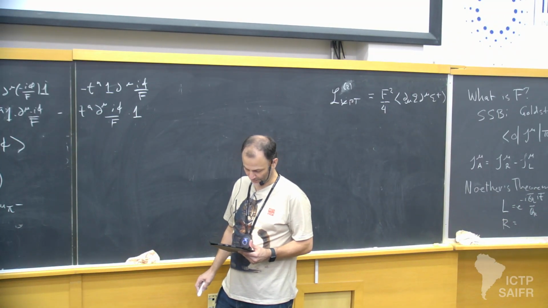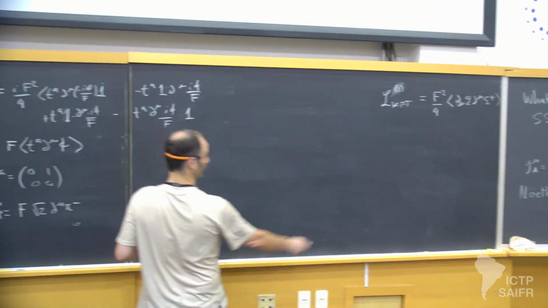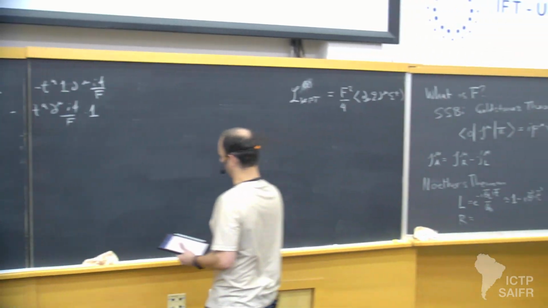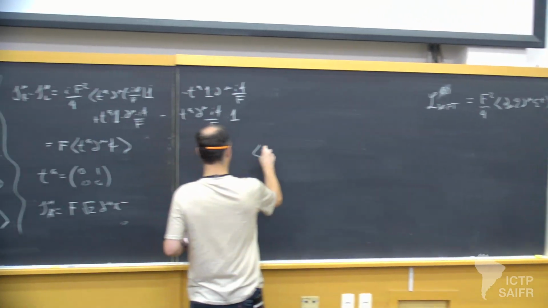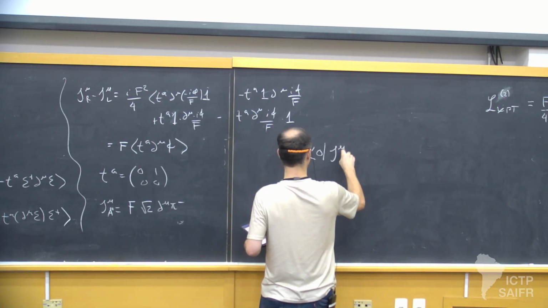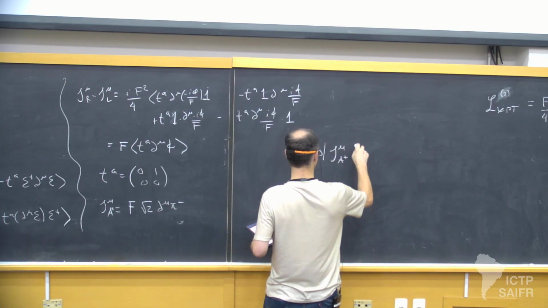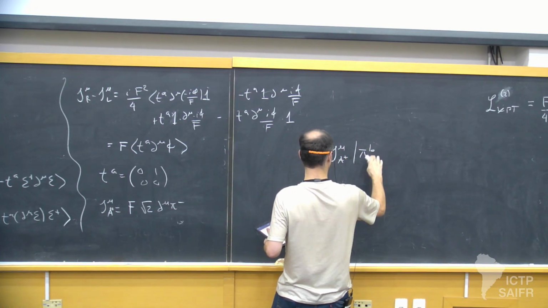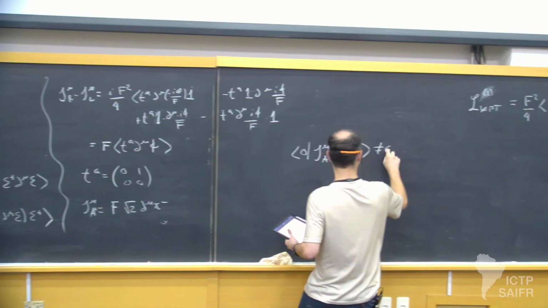Okay, so then what do? We can go back to our equation and see what this means. So now I have a vacuum expectation value of J mu A plus on some pion field, and this is not equal to 0.